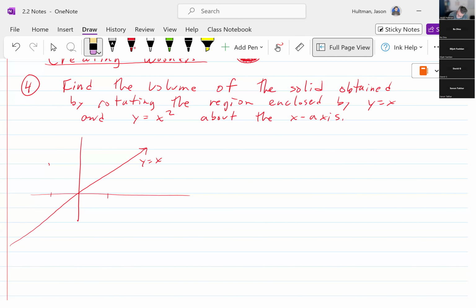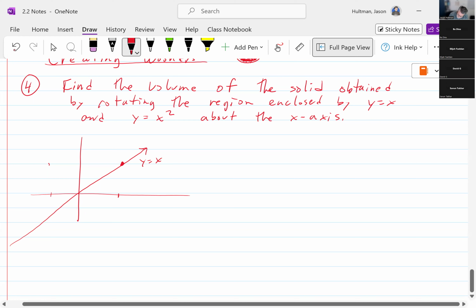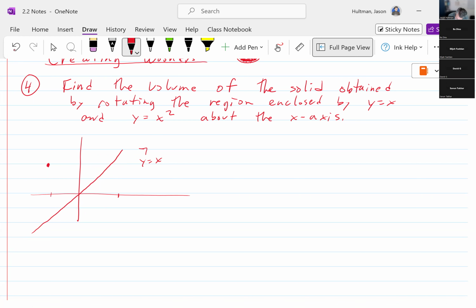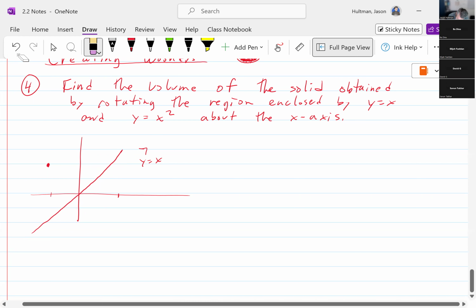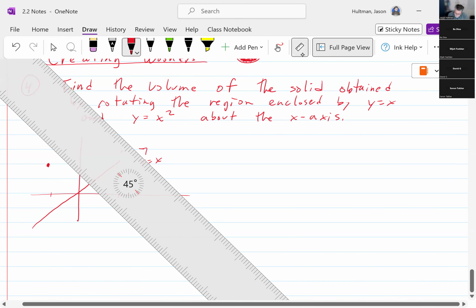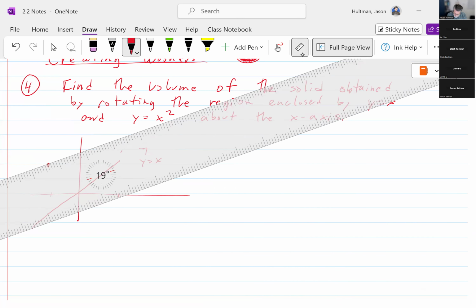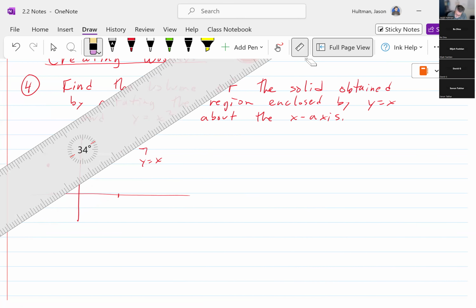Let me draw the line. I'm gonna draw an actual straight line, or not. Well, you know what? I could just use a ruler. I'm not gonna be able to freehand this really well.